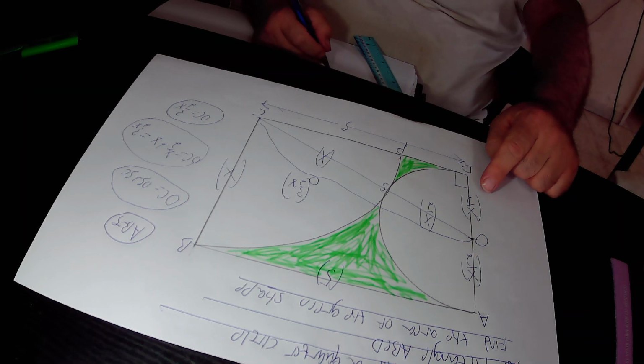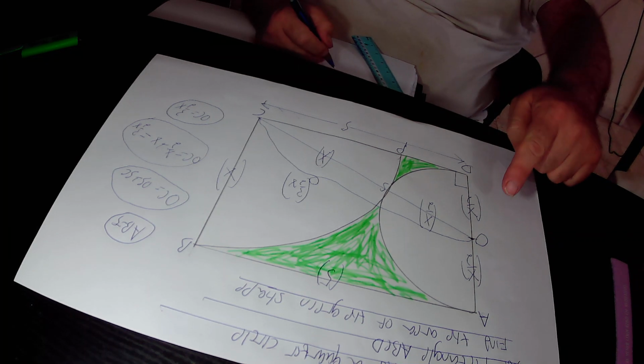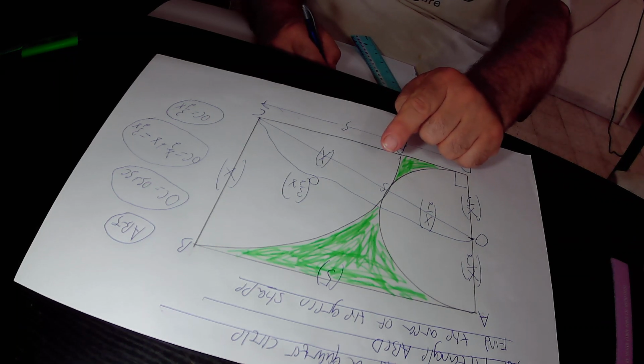Side OD equals x over 2 units in its length, and side DC equals 5 units in its length. And we just found out that the hypotenuse OC equals 3 over 2 times x units in its length.